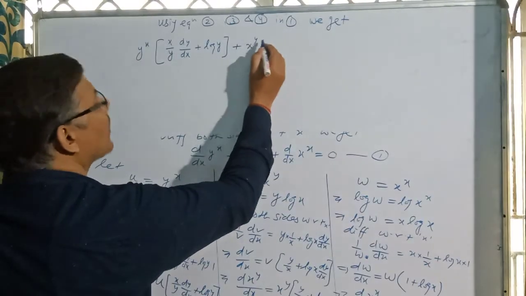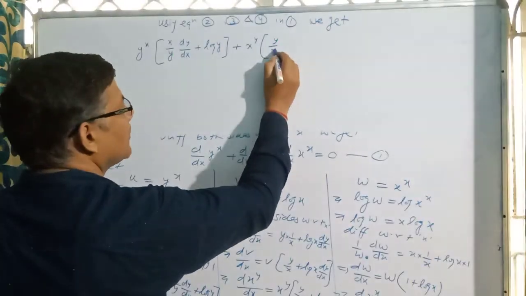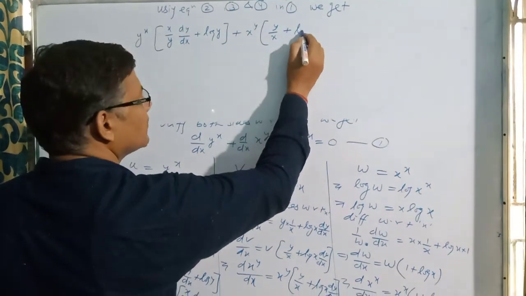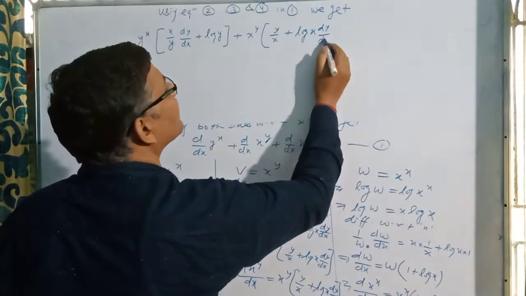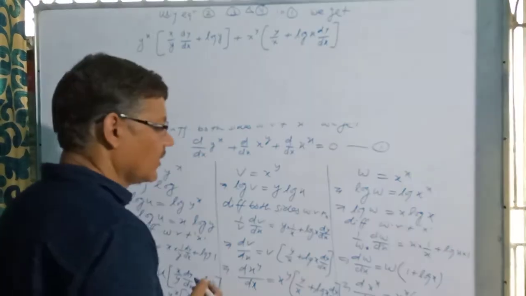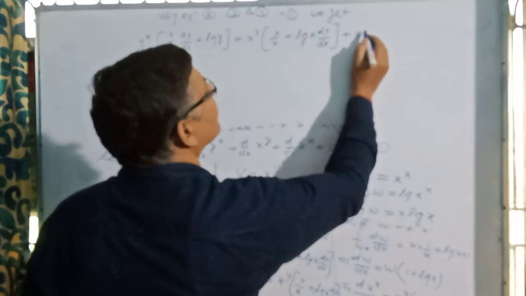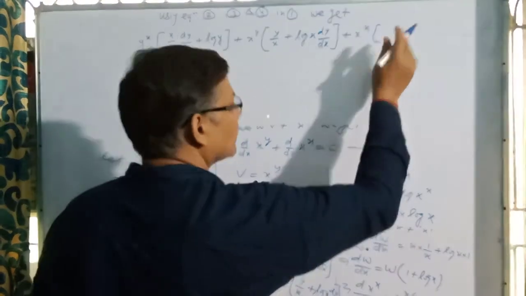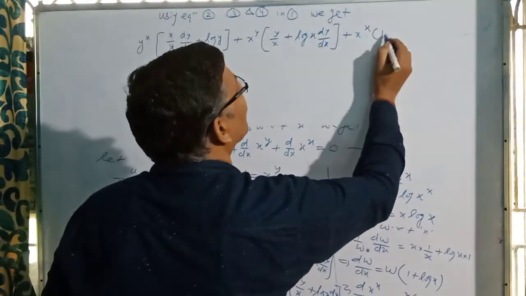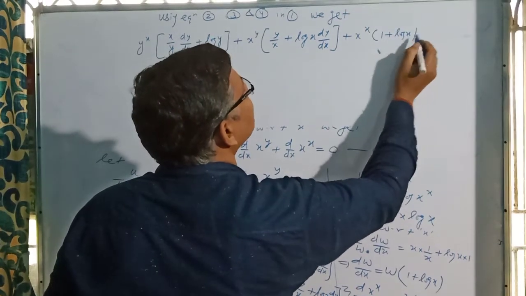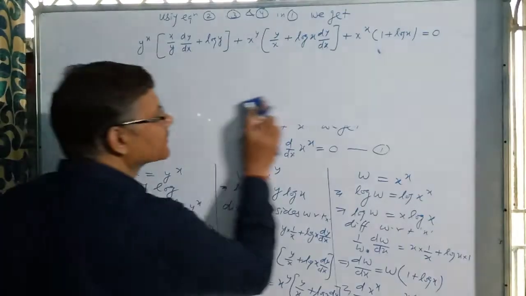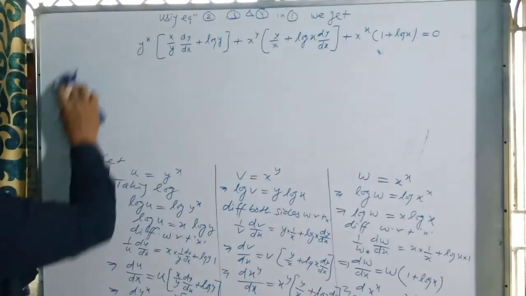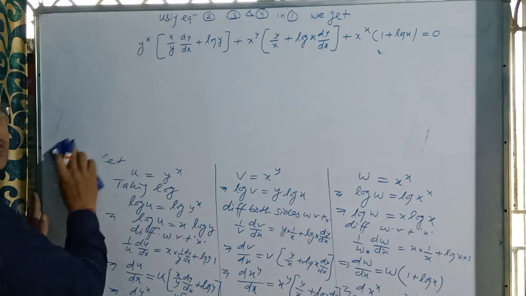Second one is plus x power y into y by x plus log of x dy by dx. Third one is plus x power x into 1 plus log x, and it is equal to 0. To get the value of dy by dx, we are required to collect the coefficient of dy by dx on the left hand side.